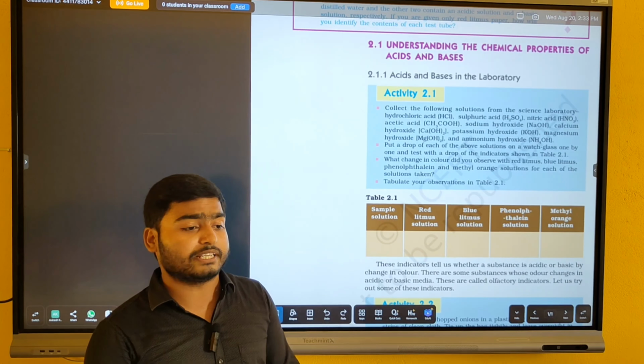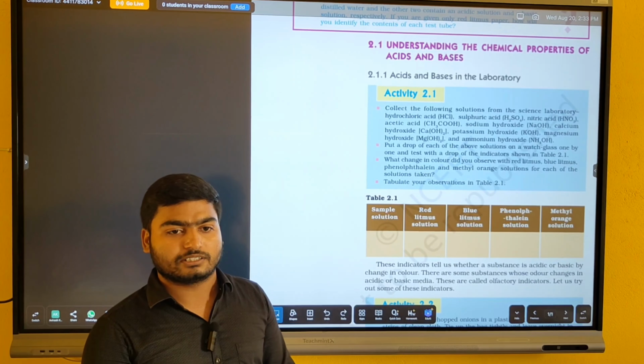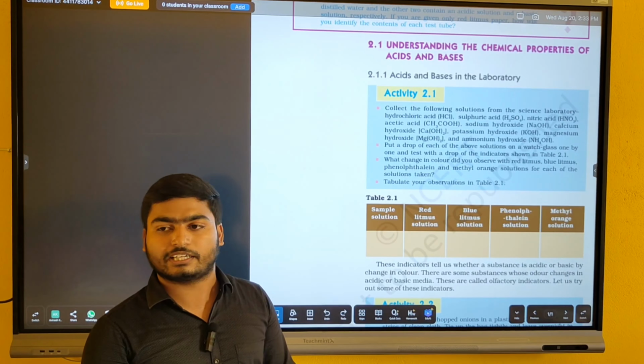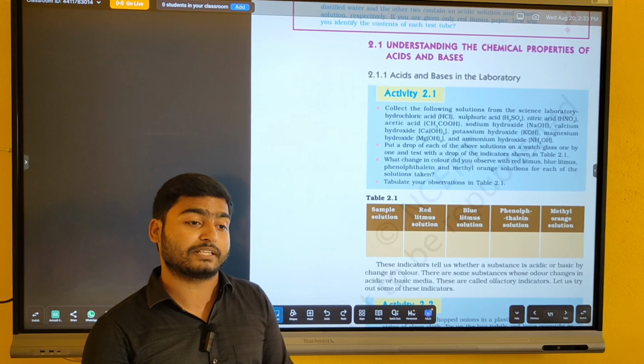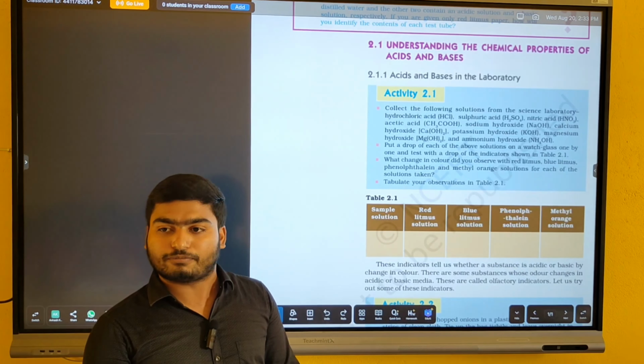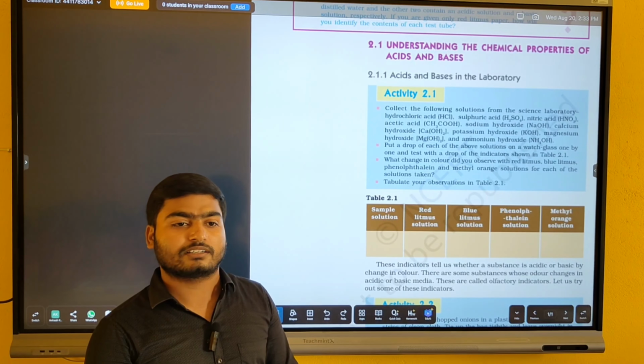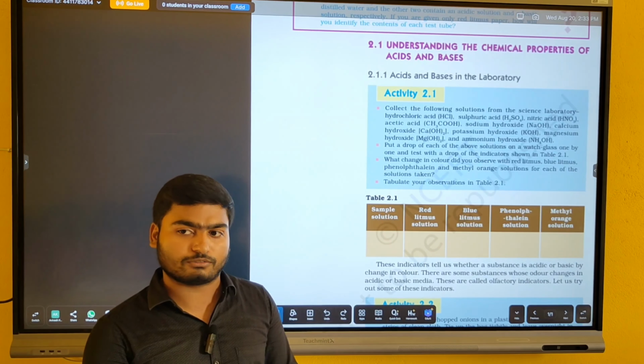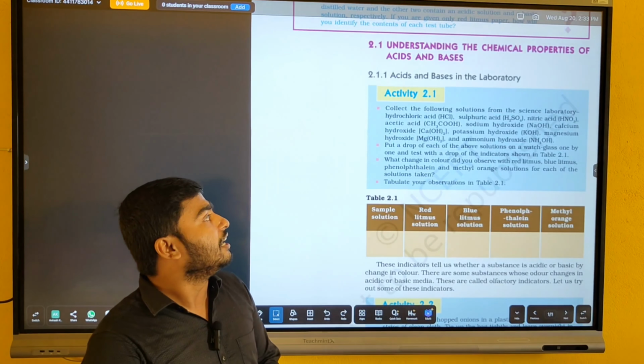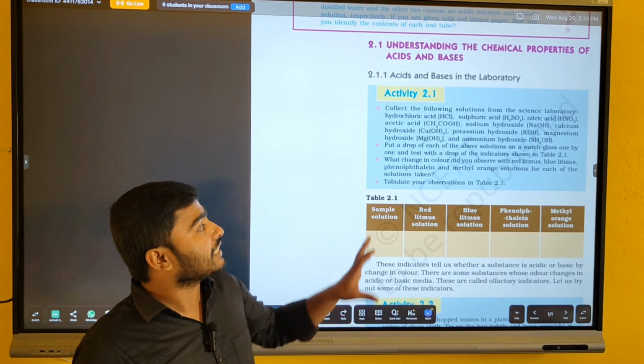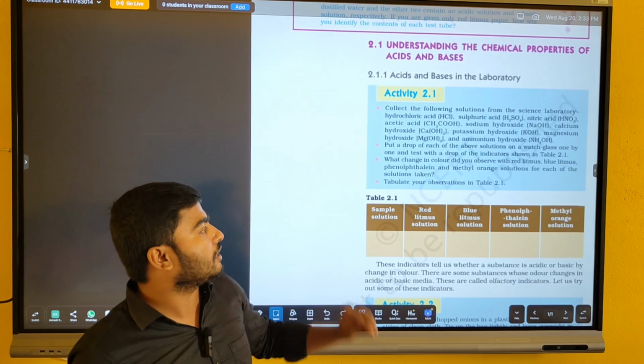But there are some indicators which change their own smell to tell whether the substance is acidic, basic or neutral. That kind of indicator is called an olfactory indicator. We have all studied these things, but through this activity we have to learn a few things.